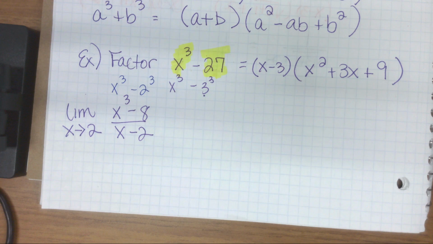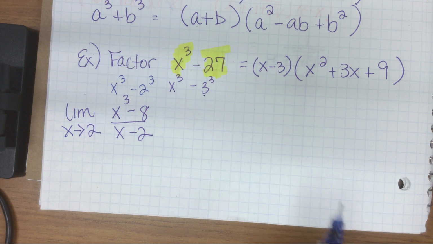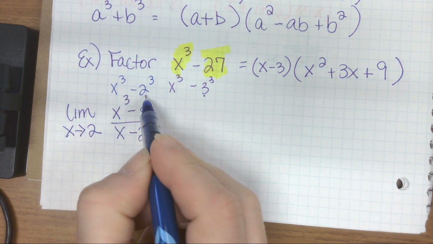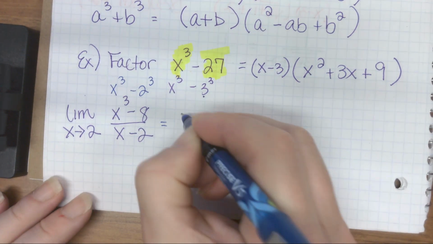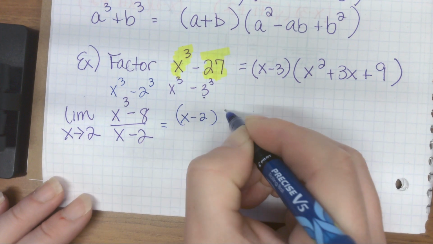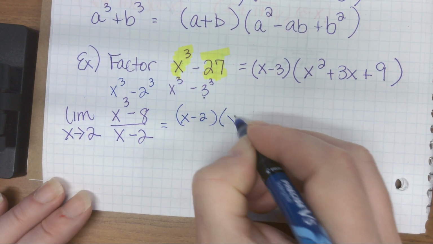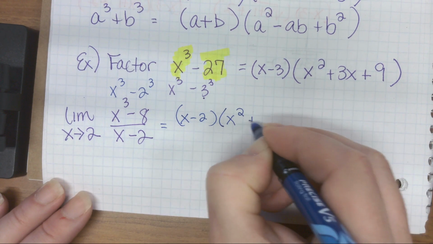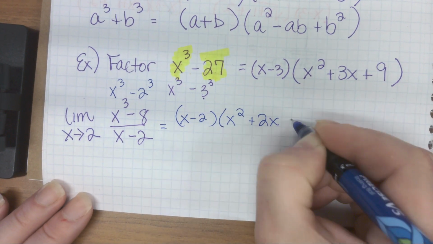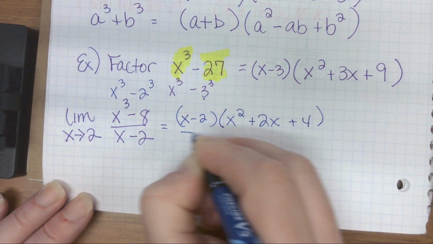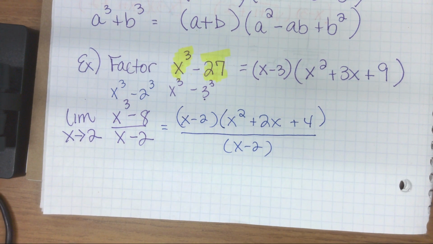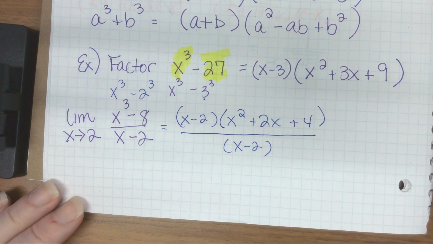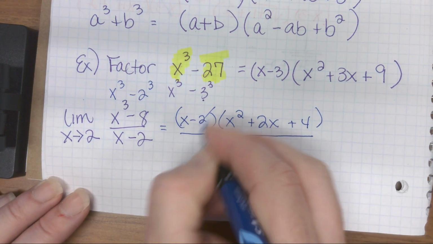Helps, right? Your difference of cubes, this is like x cubed minus 2 cubed. So your outside factor here is x minus 2. Inside, did you have x squared plus 2x plus 4? Good. What that allows us to do then is it cancels out our x minus 2's.